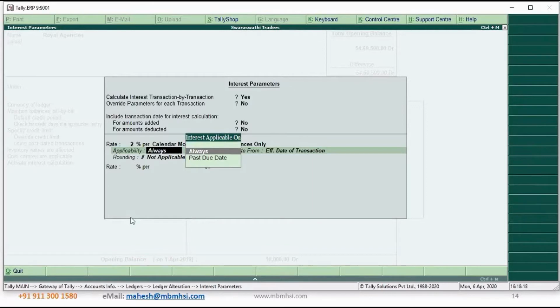For example, we are doing a sale entry on 5th of April with 10 days of credit. So the customer is supposed to pay on 15th of April. Do you want to start from which date is what this applicability means.